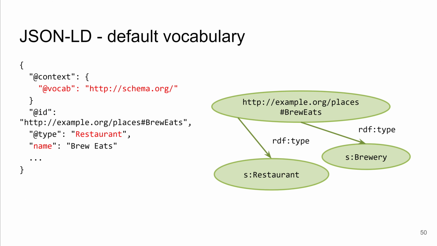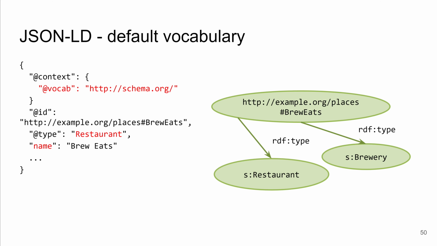Similar to base is the @vocab keyword, which specifies the default vocabulary. The default vocabulary construct can be used when we use just one vocabulary in the whole JSON-LD file. This is quite typical when we use JSON-LD for annotation of web pages, because there we typically use the schema.org vocabulary, and therefore we might say this in the context.